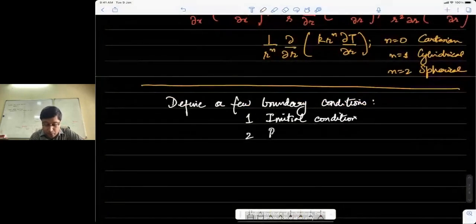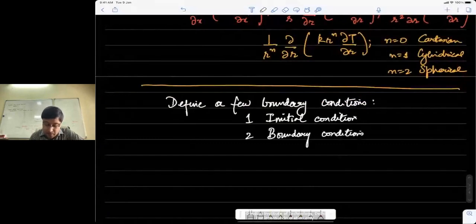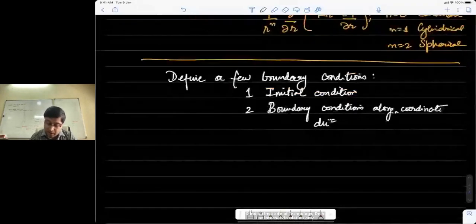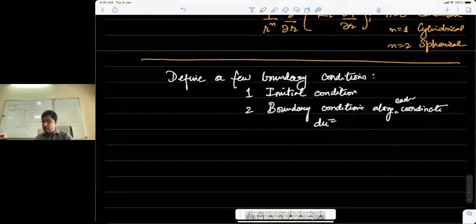And we will need two boundary conditions in space along each coordinate direction along which a dependence is taken.